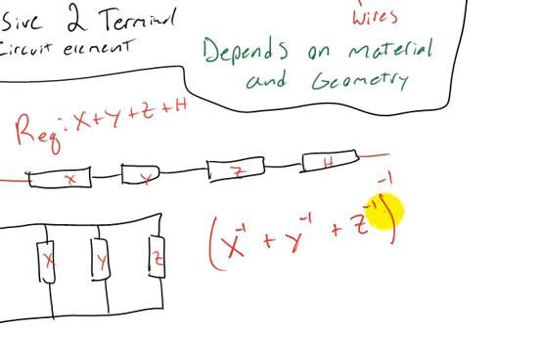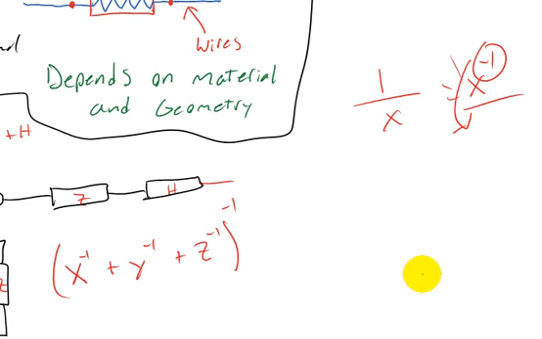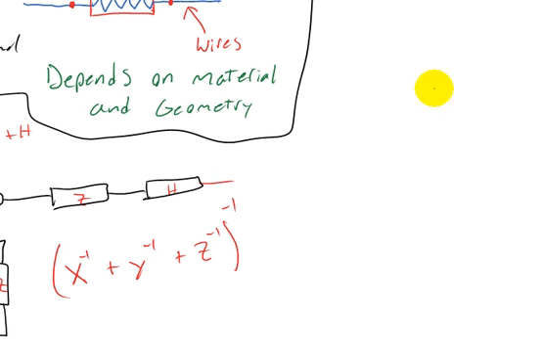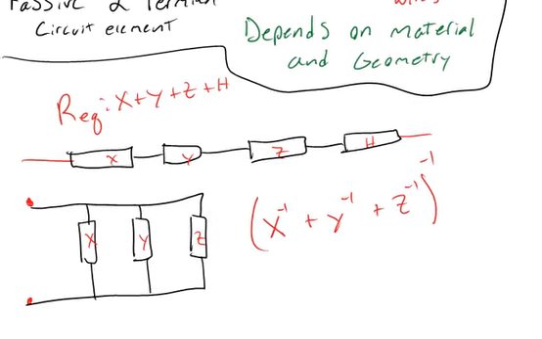And in case you're confused about the whole negative 1 thing, it's just a mathematical way of writing 1 over something. 1 over X is equal to X to the negative 1, because anything to a negative power will shift it down into the denominator. So basically I just wrote all that with notation of negative 1. It's easier to put into your calculator and makes things a lot quicker to find.